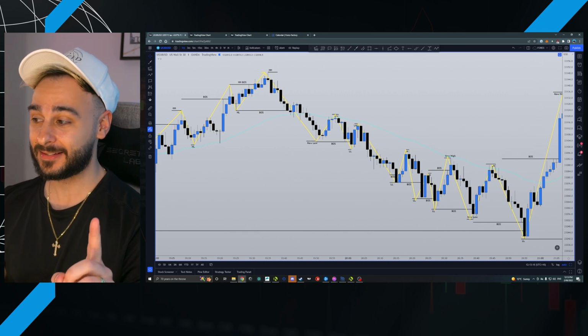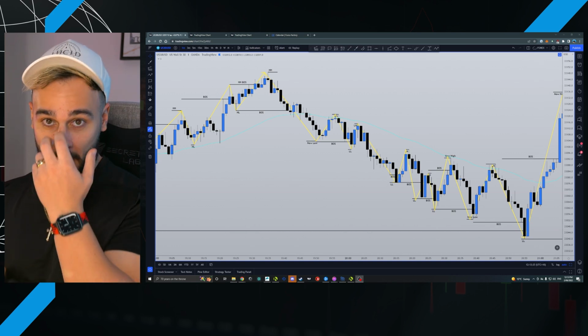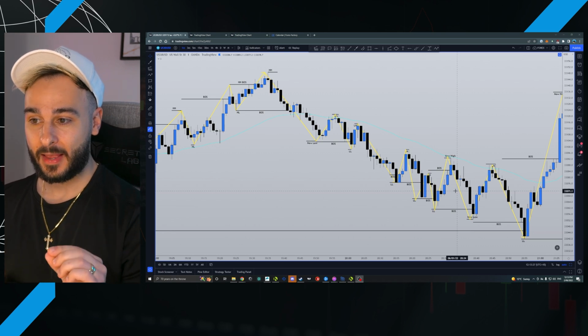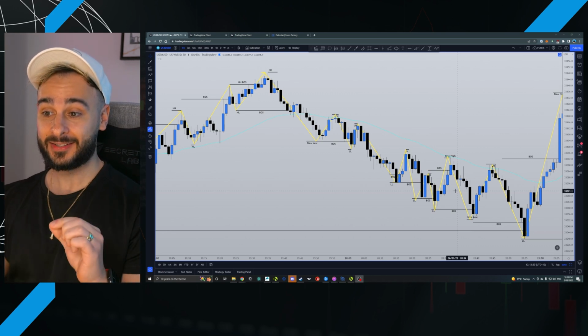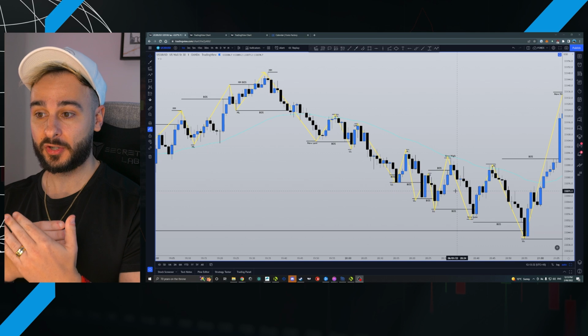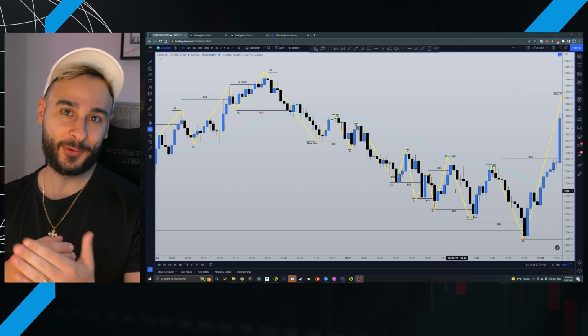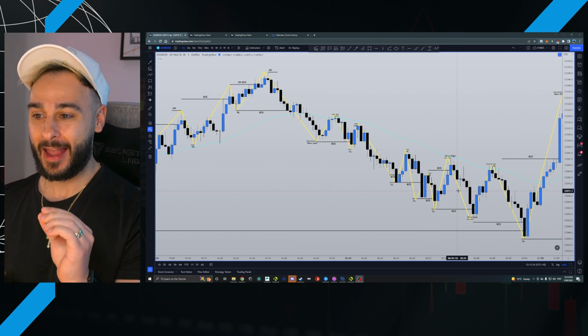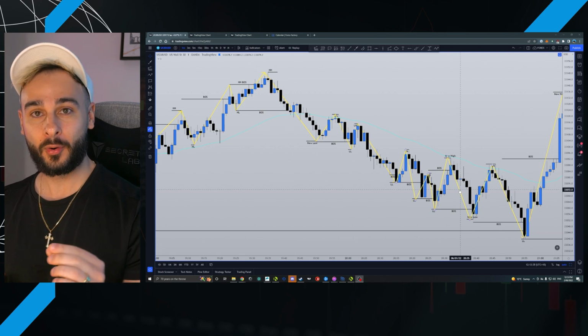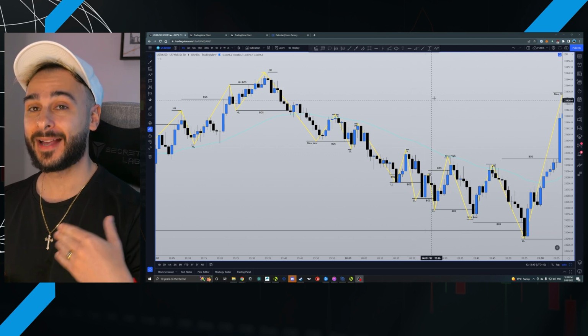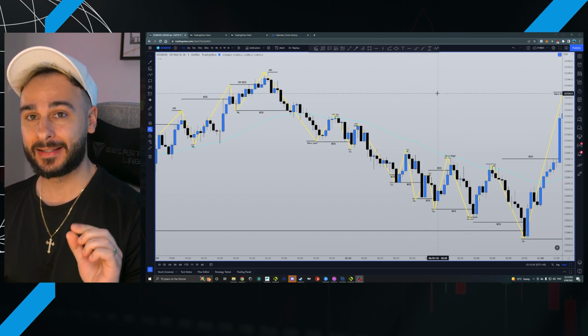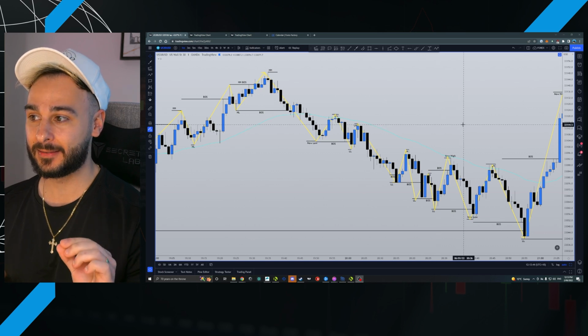Hope this is making sense, everyone. So the fact that I can look at the structure, the lines I'm putting in, BOS, break of structure, new highs, newer lows, higher highs, lower lows, all that type of stuff, and draw the ebbs and flows without price action on my chart shows you how significant, how powerful this technique is.